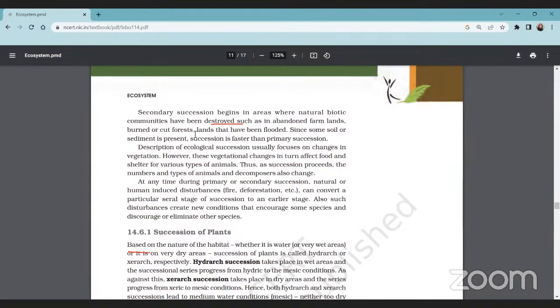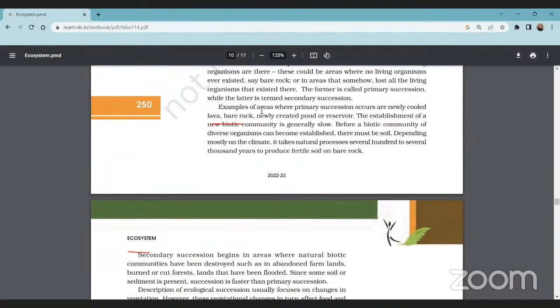And secondary succession begins in areas where natural biotic communities have been destroyed, such as abandoned farmlands and burned or cut forest. In the first case, the areas are newly formed by cooled lava, bare rock and a newly created pond.